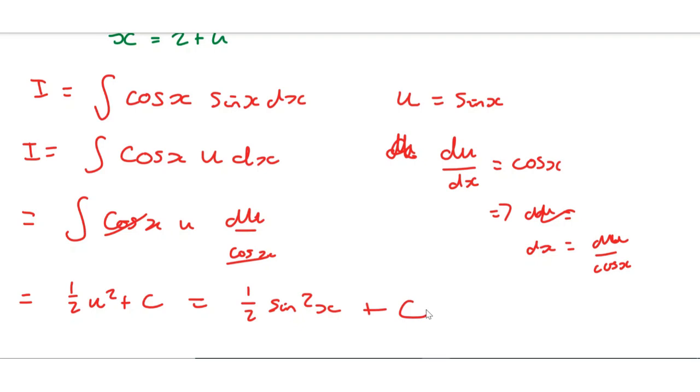Now, I encourage you to differentiate that, and you will, hopefully, if I've done my working out, and you know how to differentiate, get cos x sine x. And you can see we do this differentiation with the chain rule, so integration by substitution is like the opposite of the chain rule, okay? You're having to guess the function that was the original pick of u in the chain rule.